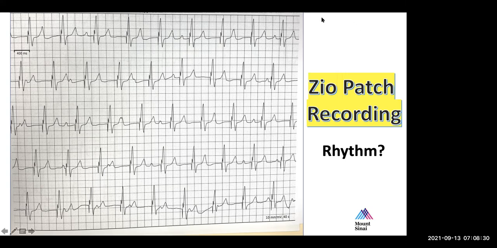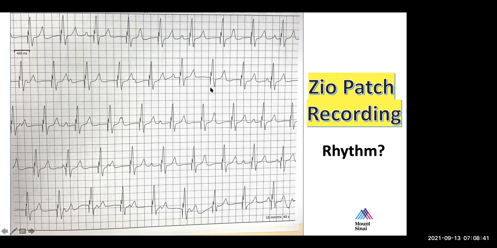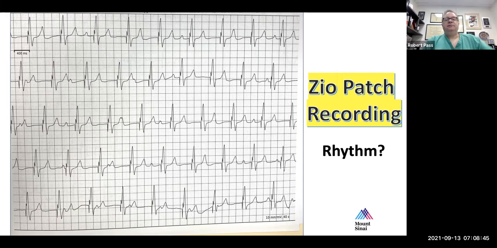So when the P waves are completely dissociated with the QRS, one possibility could be third degree AV block. Correct, absolutely. And that is in fact what we have here, this is a complete heart block.